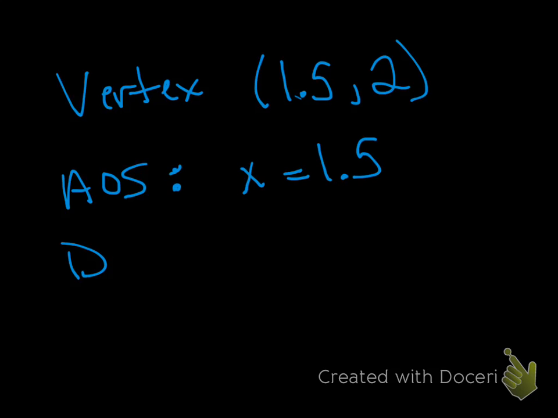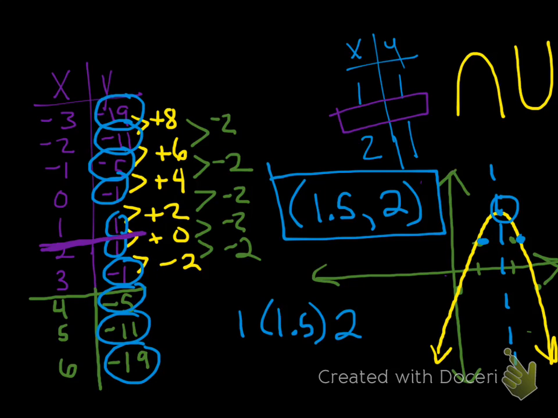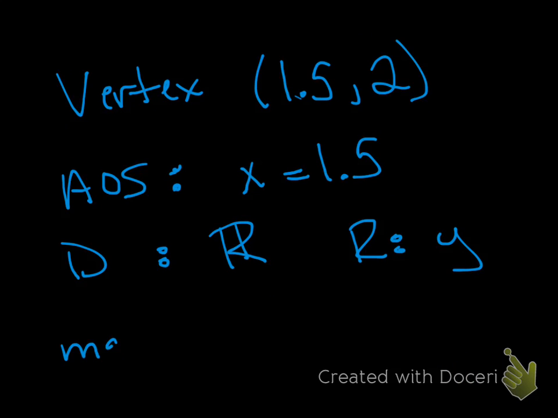The domain is all real numbers. The range is y. Oh, we have to go back and see, is this a min or a max? It's going up, right? This is our graph. So this is a max. So we know that our y is less than or equal to approximately 2 because we're estimating that.